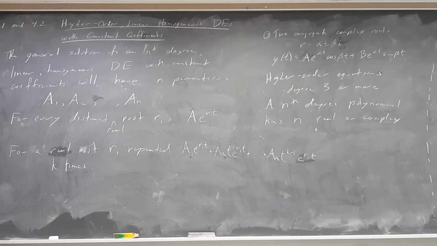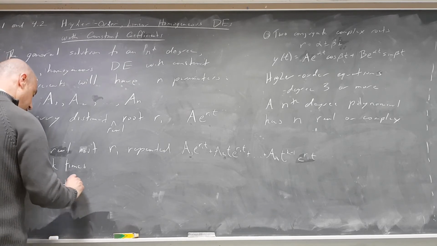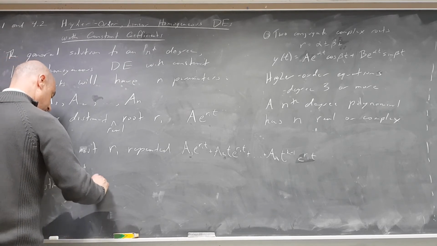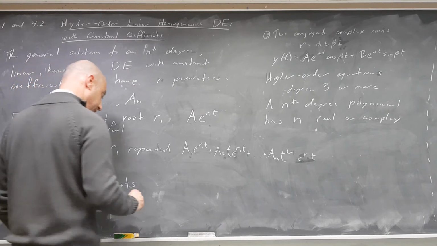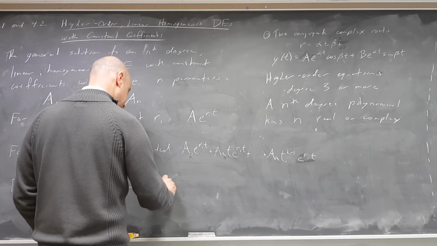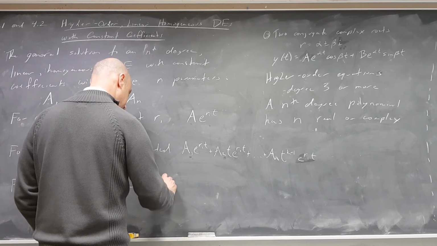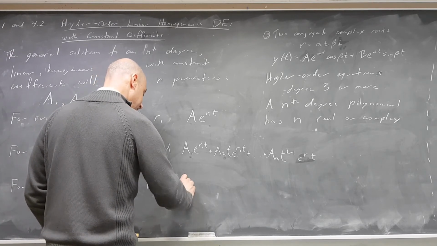And for complex roots, so for distinct complex roots, let's say r equals alpha plus or minus beta i.